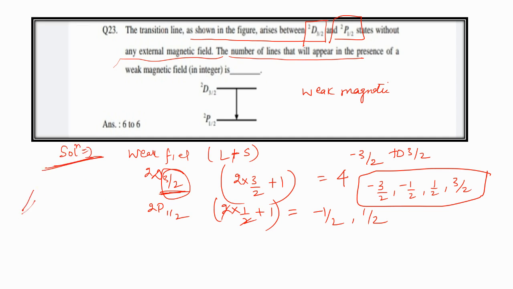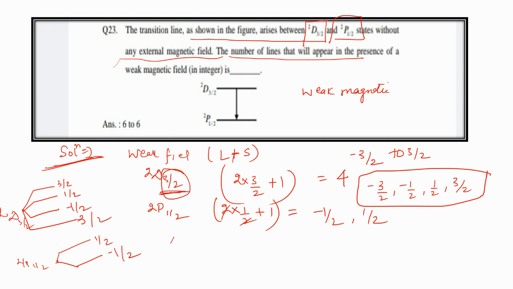Now you will form like this. So this will go 3 by 2, 1 by 2, minus 1 by 2, and minus 3 by 2. And here you have 1 by 2 and minus 1 by 2.